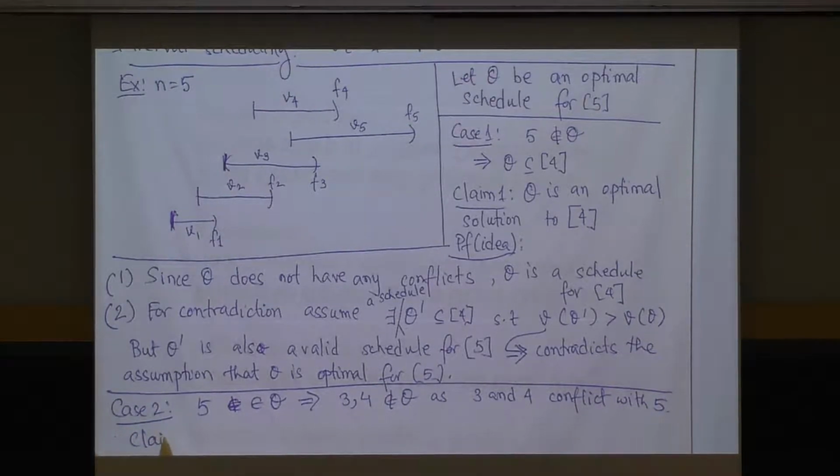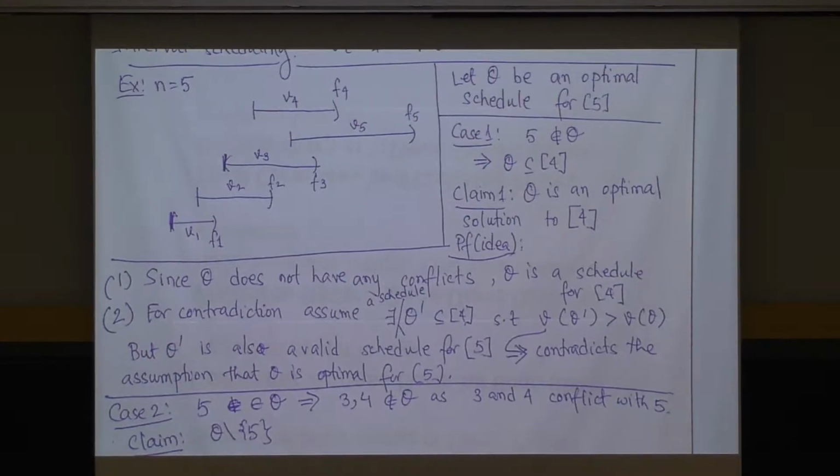So the second claim that we are going to make is that if I know now that 5 is in the optimal schedule, and I throw away 5, then I'll claim that the schedule that I get by throwing away 5 is optimal for all the intervals that do not conflict with 5.